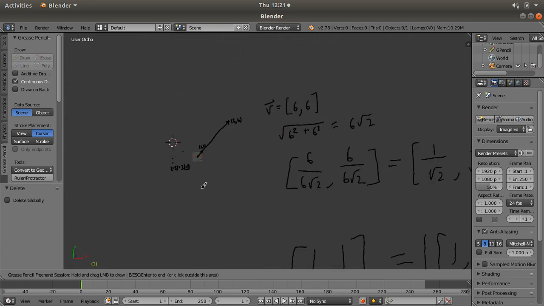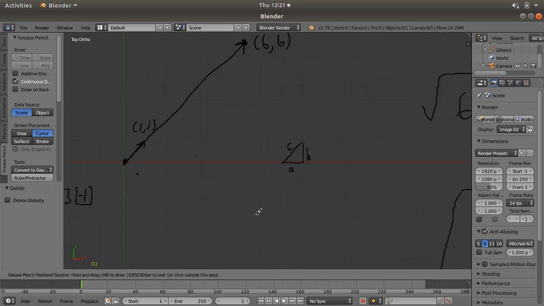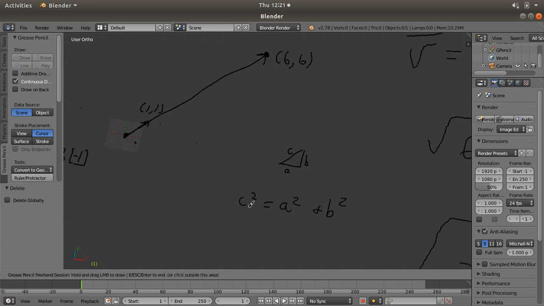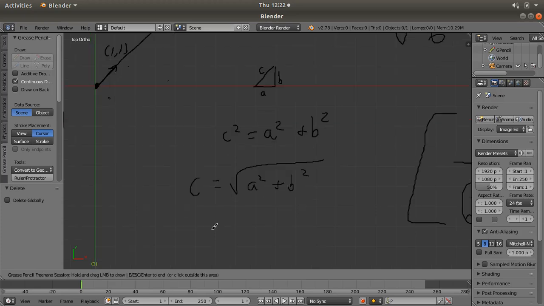And to find the magnitude, use the Pythagorean theorem. A squared plus b squared equals c squared. And then solve for c. Take the square root of both sides, and you get root 2.